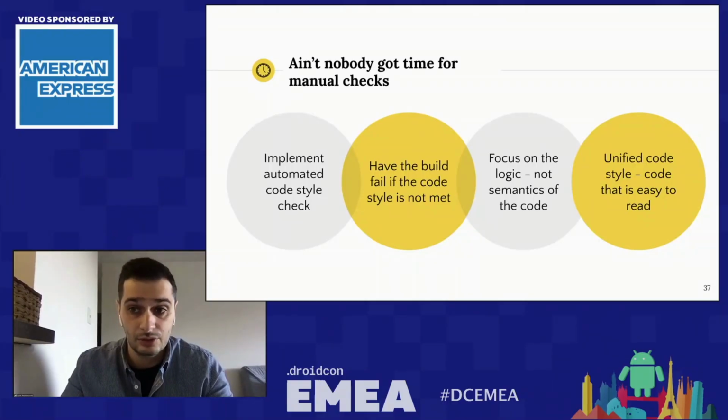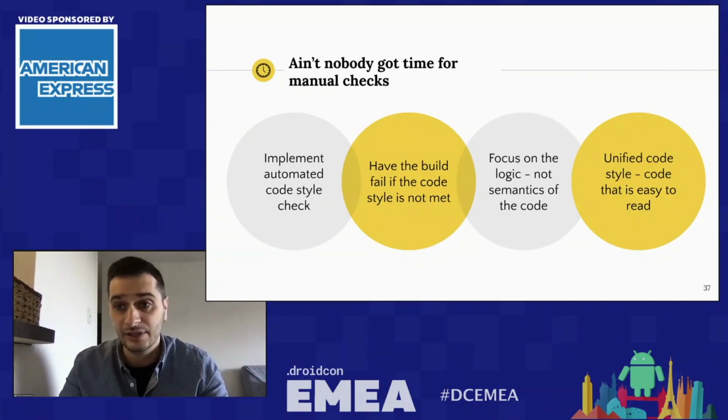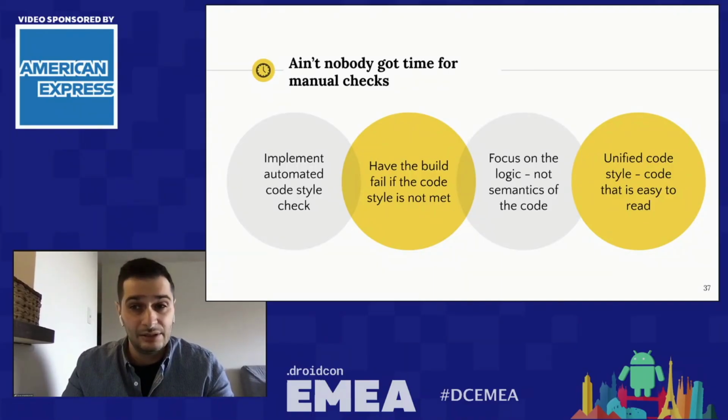This helps you to have a unified code style that's easy to read. If you work in a company that has 5,000 engineers, then if everybody has their own style of writing code, it will be difficult to review the code, and it's a lot easier if the style is the same. Also, this helps you focus on the logic, not the semantics of the code. That way you don't have to worry whether a comment was added or not. You just focus on the logic, and that's it.